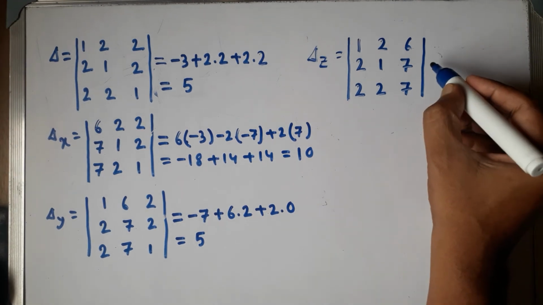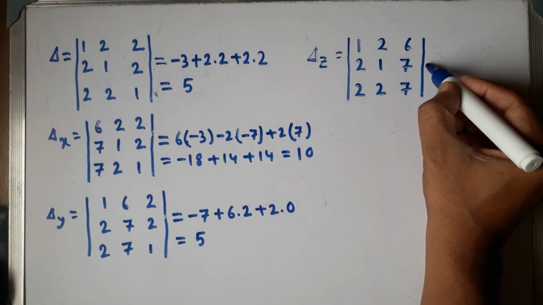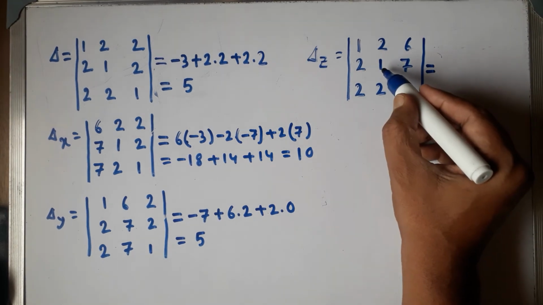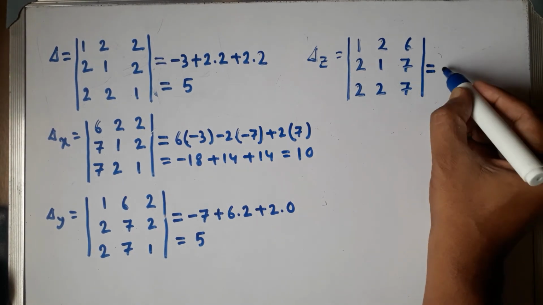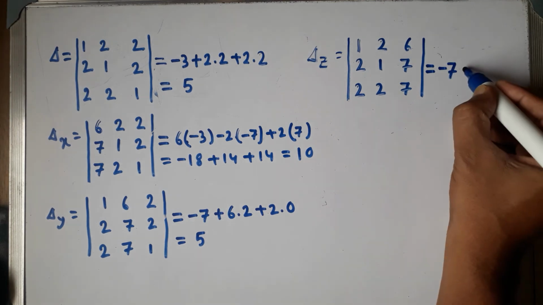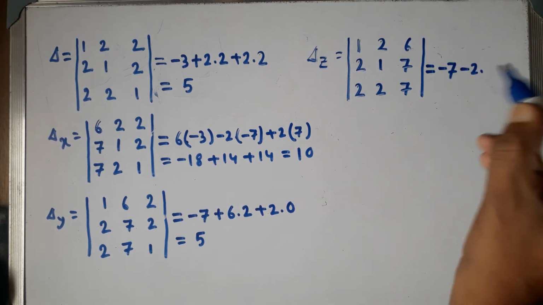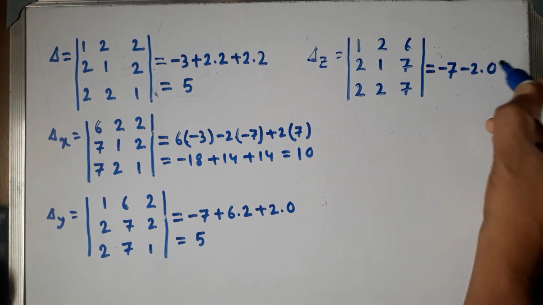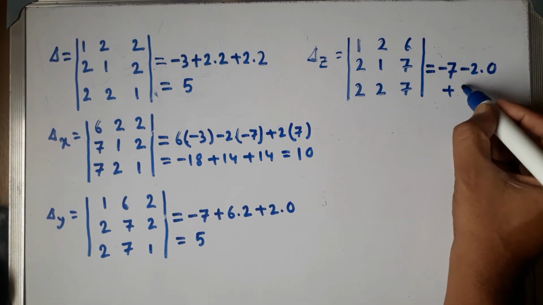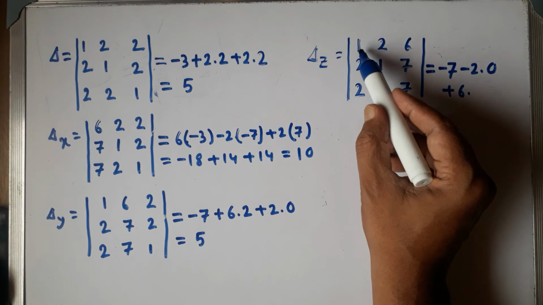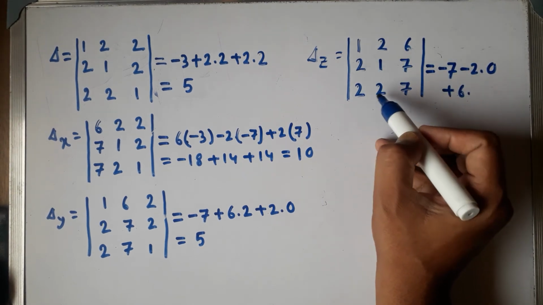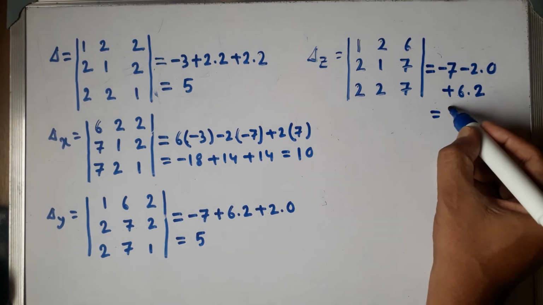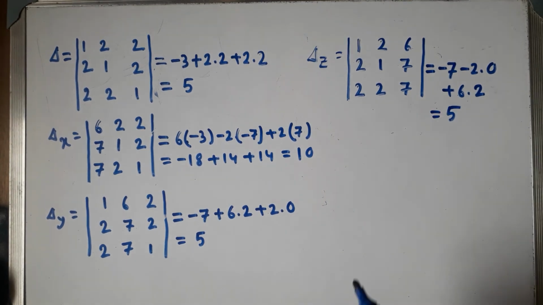And similarly delta z, expand it. Delta z is equal to 1 into 7 minus 14, that is minus 7, minus 2 into this row, this column removed, it is 0, plus 6 into this row, this column removed, 4 minus 2, that is 2, so this is also 5.